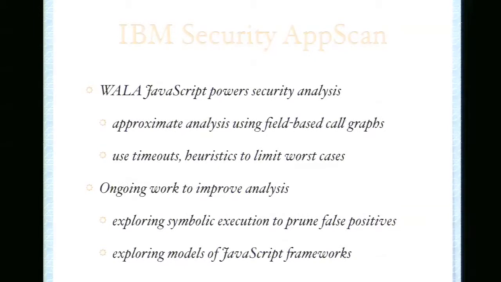One way to try and convince yourself that this is a real issue instead of the result of the analysis making stuff up is you try to figure out whether there's an actual string that you could imagine flowing through there that follows the program logic. And you could try to build a concrete one using some sort of symbolic execution approach. So that's one strategy that there's ongoing work on.